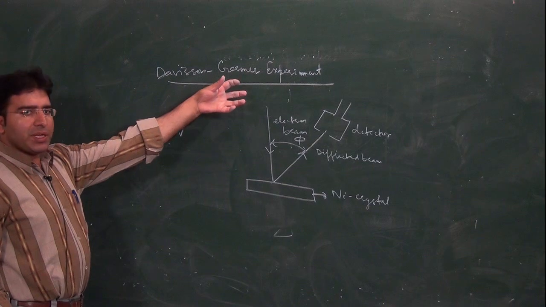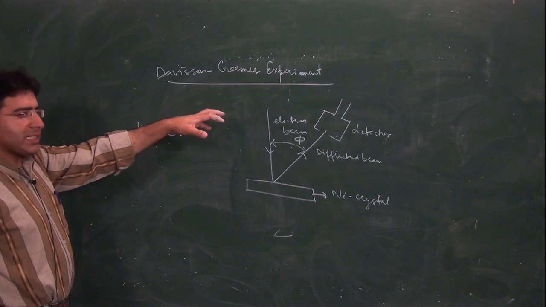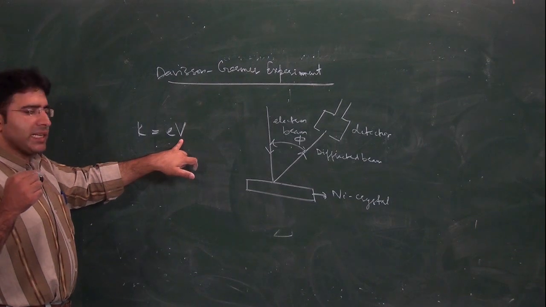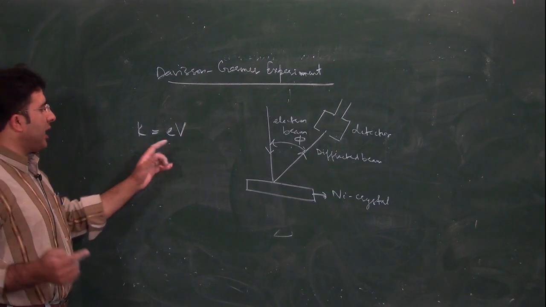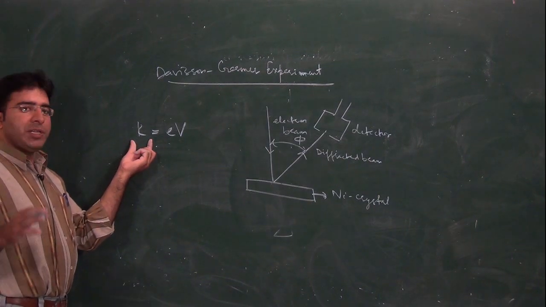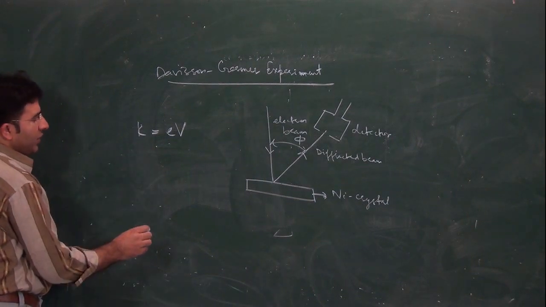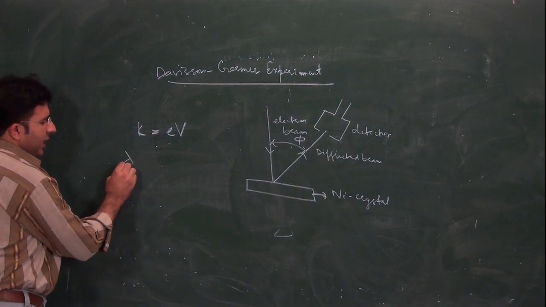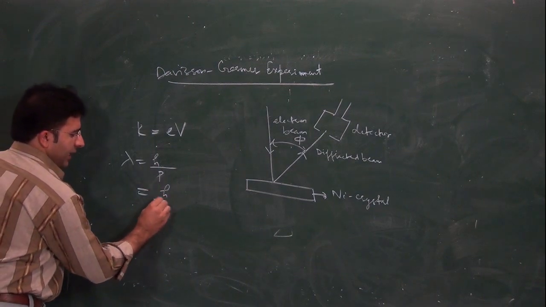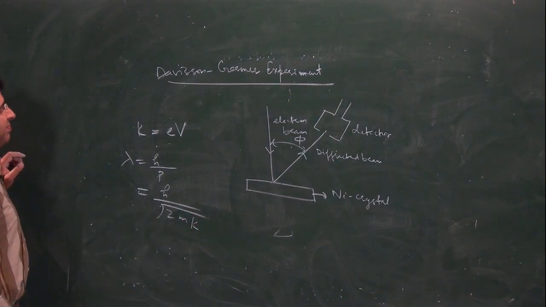The electron beam was created by Davisson and Germer. Then the beam was accelerated through different voltages. That means the kinetic energy of this beam was varied. And because of that, when we write lambda is equal to h by p, in terms of kinetic energy it will be h over under root 2mK, where K is kinetic energy.